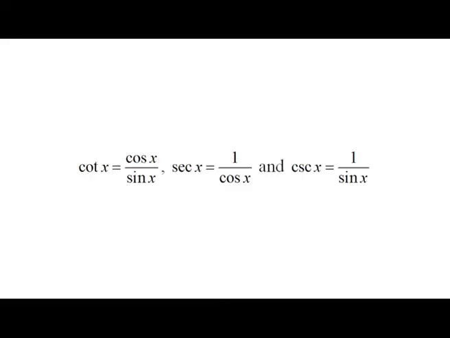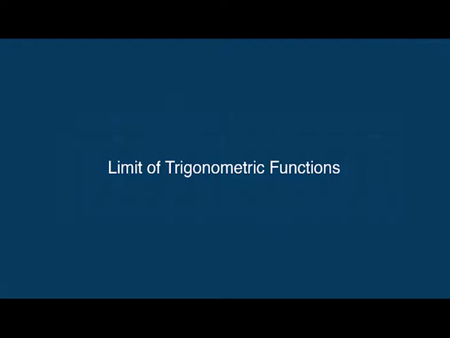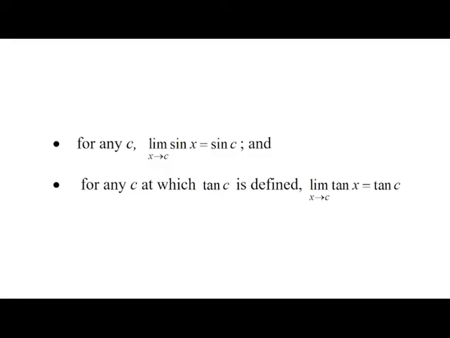Similarly, the quotients cot x equal to cos x upon sin x, sec x equal to 1 upon cos x and cosec x equal to 1 upon sin x are continuous at every point where they are defined. Limit of trigonometric functions. From the discussion above, for any c, limit of sin x as x approaches c is sin c, and for any c at which tan c is defined, limit of tan x as x approaches c is tan c.